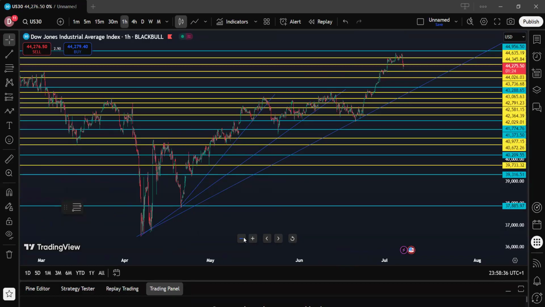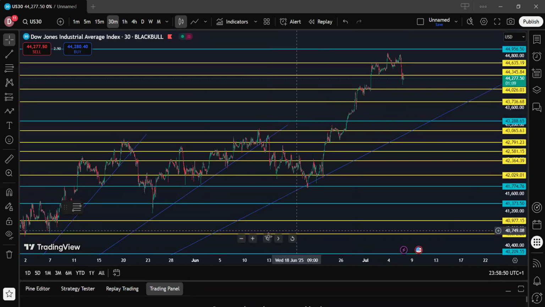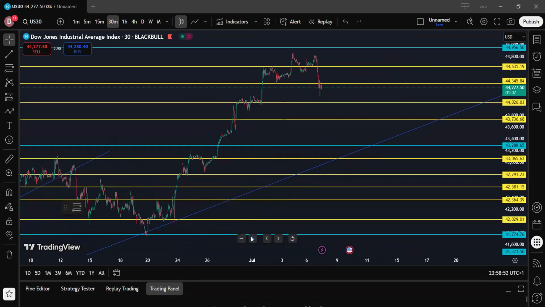With US30, US30 has been really moving well. For me, I think it's one of those indices that's been moving really well within the past 6 months, ever since the year started. So we'll just have to see how this plays out.